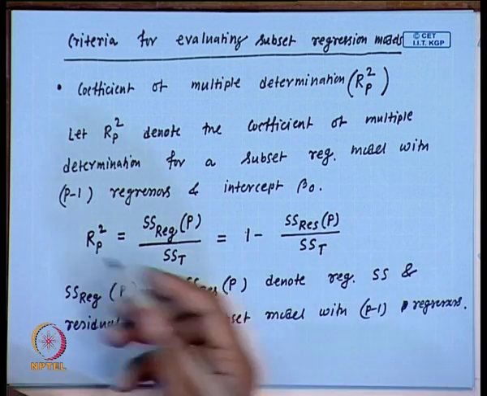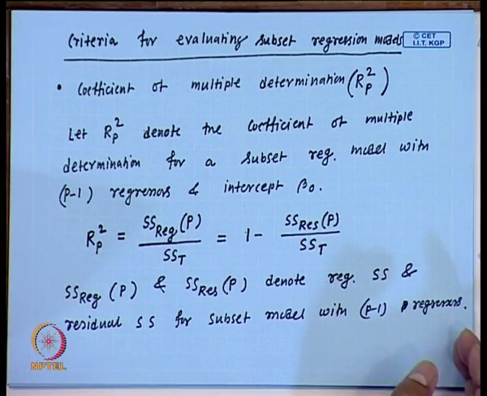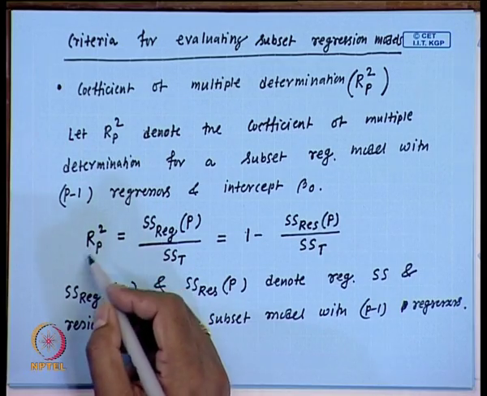So basically R p square is associated with the model when there are p minus 1 regressors in the model, and R p square is a parameter which measures the proportion of variability in the response variable which is explained by the regression model involving p minus 1 regressors.